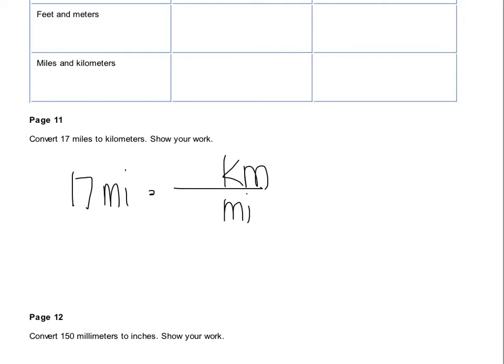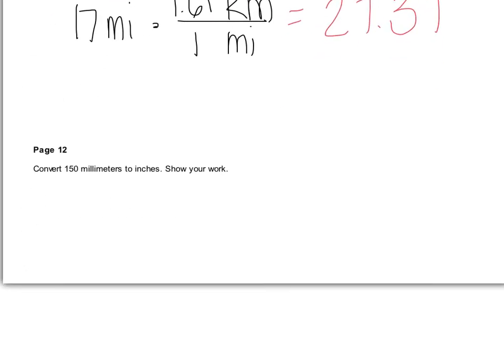Your miles to kilometers ratio says 1 mile is equal to 1.61 kilometers. So there's my conversion ratio, and I'm just going to multiply it: 17 times 1.61 divided by 1, and I'm going to get 27.37.